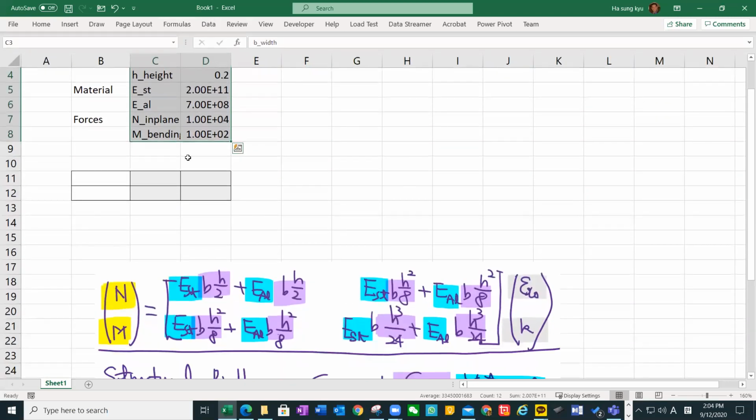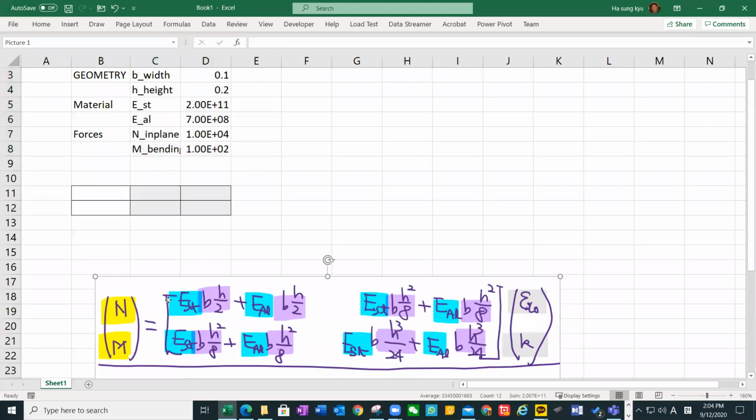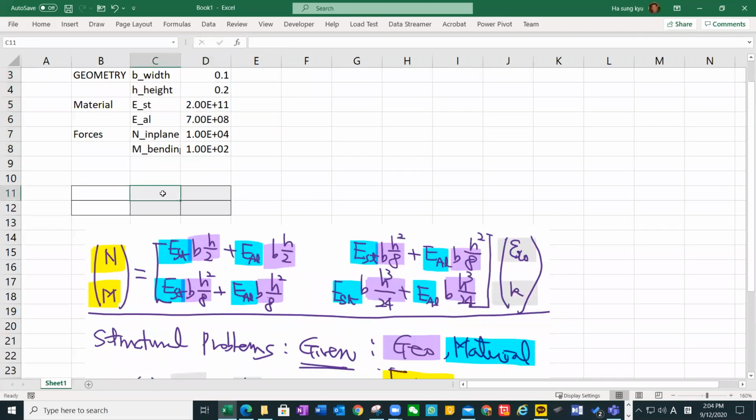Then what we need to do is very conveniently just follow this equation as we derived. So E steel times B as a width times H as a height divided by 2, right?